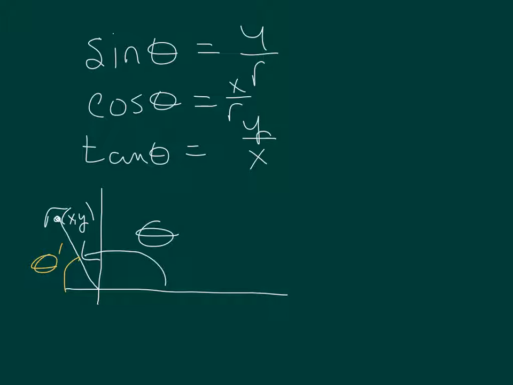So for instance, if we think about the cosine of 4 pi over 3, what's our reference angle going to be? Well, let me ask this. What quadrant does 4 pi over 3 lie in? Quadrant 3.